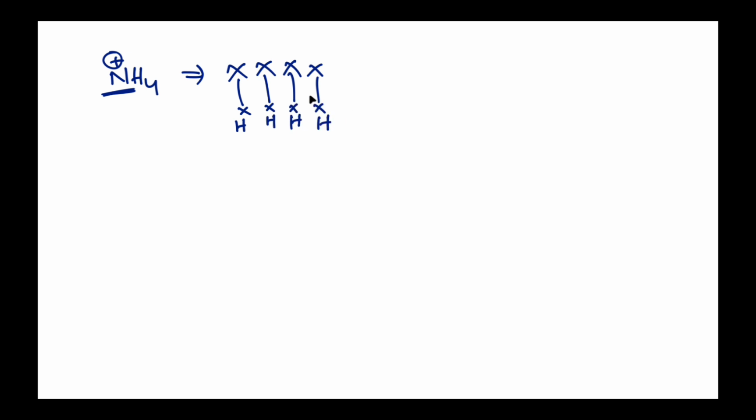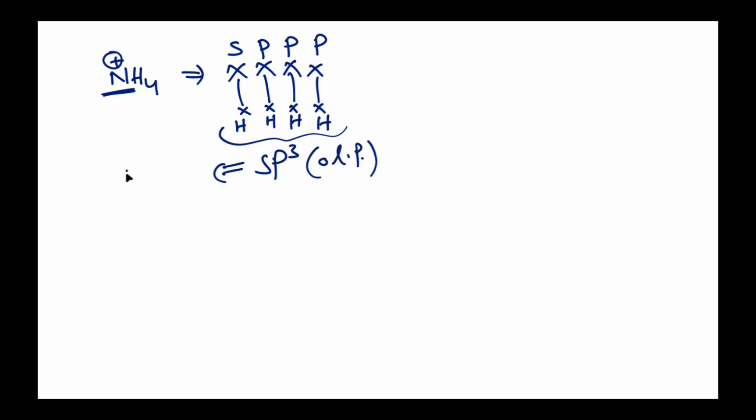So this is s orbital, p, p and p, which is sp3 hybridization with 0 lone pair. So sp3 hybridization tells us tetrahedral geometry. NH4+ has tetrahedral shape.